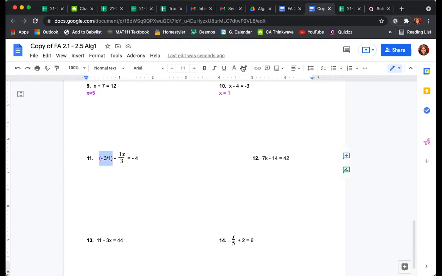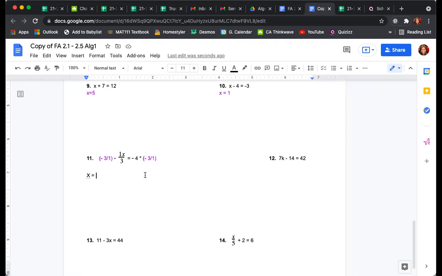But if I multiply by that on the left-hand side, I also have to multiply by it on the right-hand side. Again, you're doing a balance beam situation here. And so now on the left-hand side, I have x equals. On the right-hand side, negative 4 times negative 3 over 1. If you use your calculator, you got an answer immediately. If not, you're multiplying the numerator straight across.